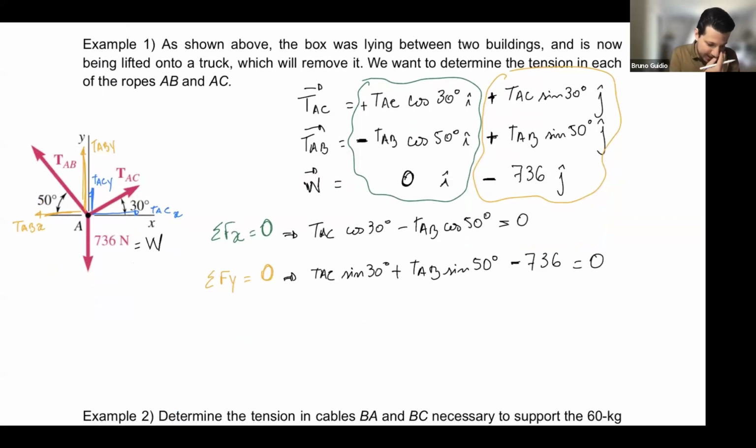Look what we have here, guys. A system of equations. Who misses math, calc 1? Does anyone miss math here? We have a system of equations. How can we solve a system of equations? We need to write one of them in function of the other. For example, see if you can visualize this: TAC is TAB cosine of 50 divided by cosine of 30 degrees.